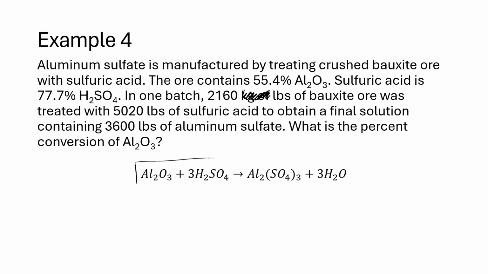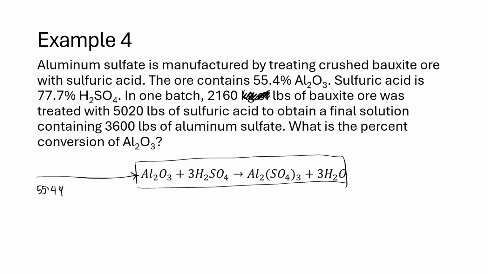So again, let's draw the diagram. It's 55.4% Al2O3, and then it is treated with 77.7% H2SO4.